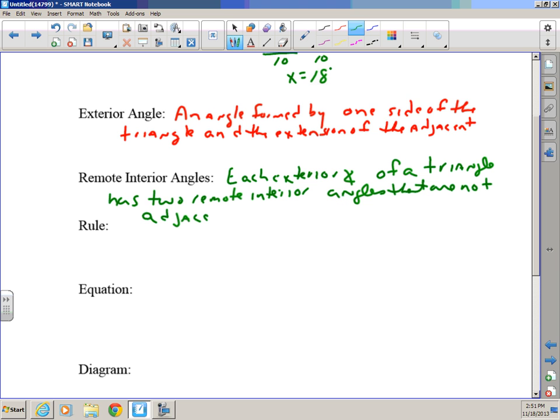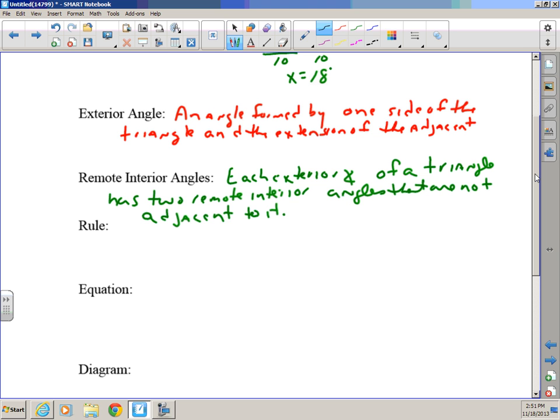So what we're saying is there's three angles in a triangle. The exterior angle has two angles that are some way away from it, not anywhere next to it. That's what the remote part of it means.